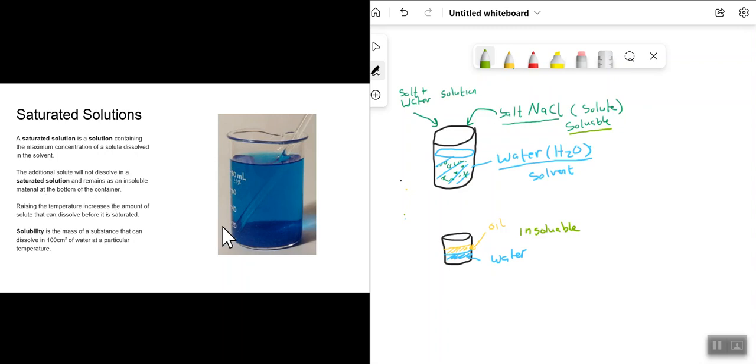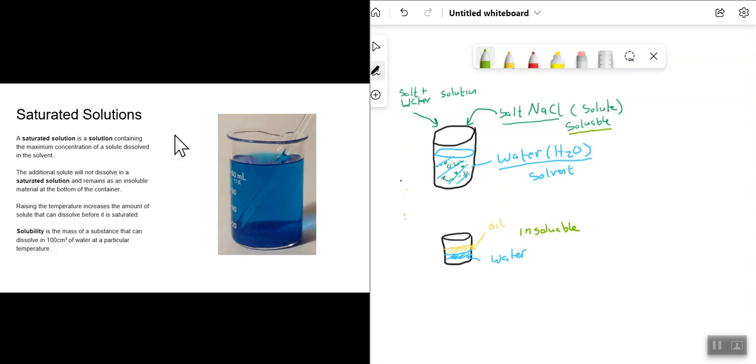Raising the temperature increases the amount of solute that we can dissolve before it is saturated, and solubility is the mass of substance that can be dissolved in 100 cubic centimeters of water at a particular temperature.